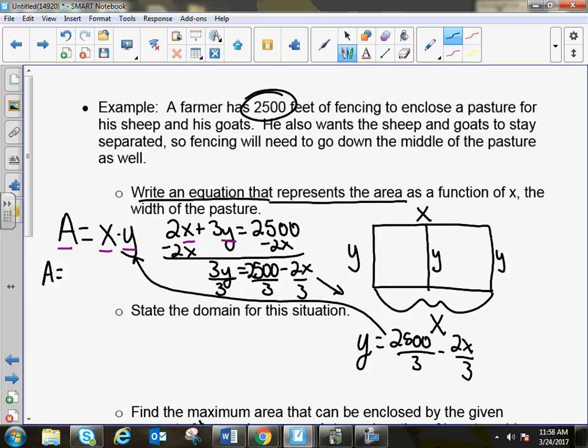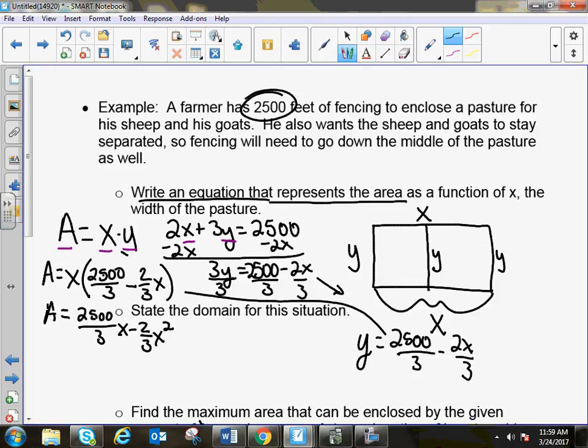So area equals x times 2,500 over 3 minus 2 over 3x. Let's distribute. Probably don't have to, but let's do it anyway. 2,500 over 3x minus 2 over 3x squared.